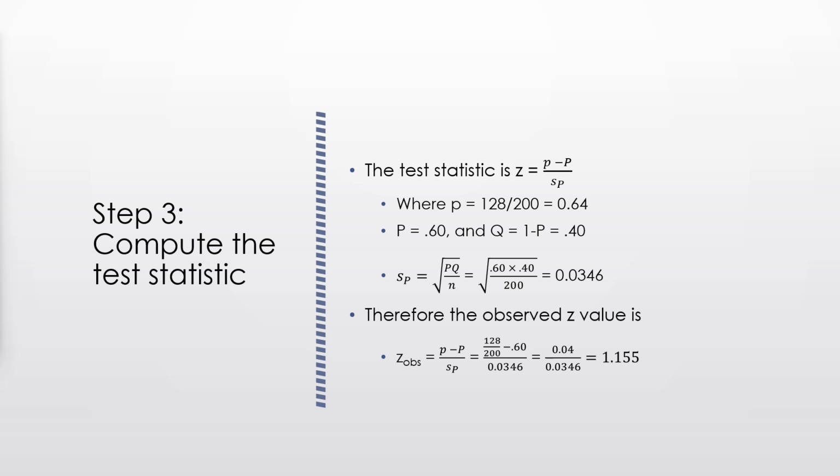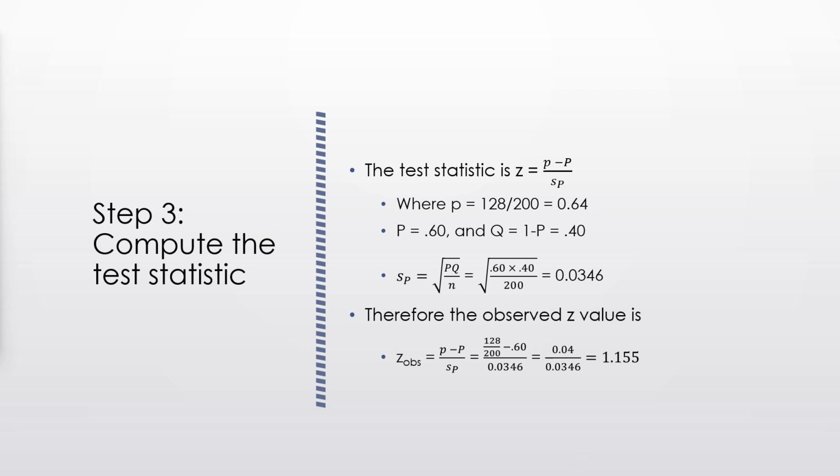The sample proportion is 128 over 200 equals 0.64. The observed z-score is the difference between 0.64 and 0.60 over 0.0346 equals 1.155.